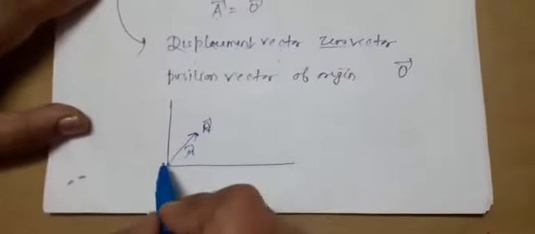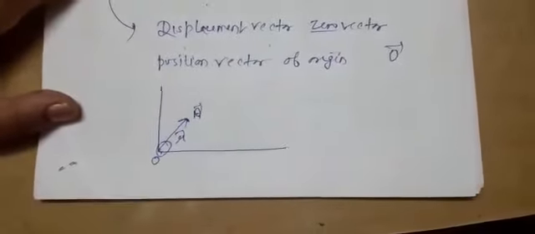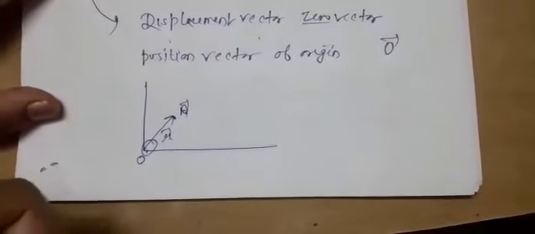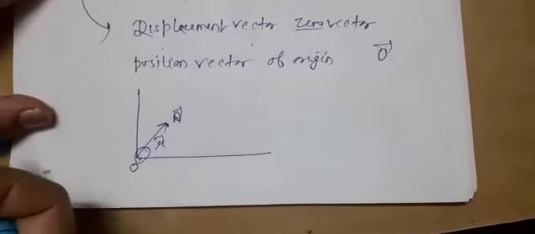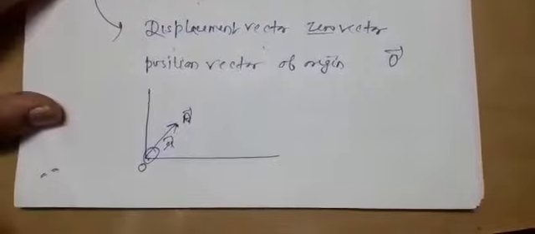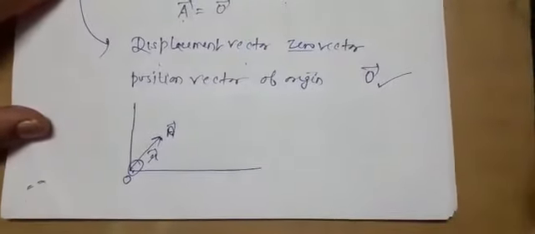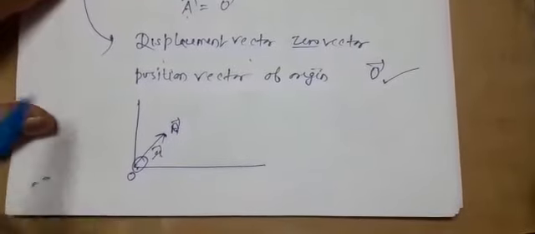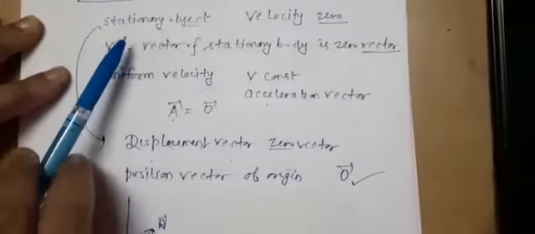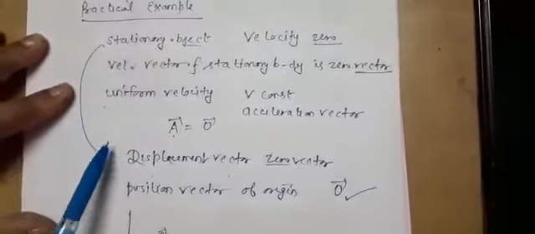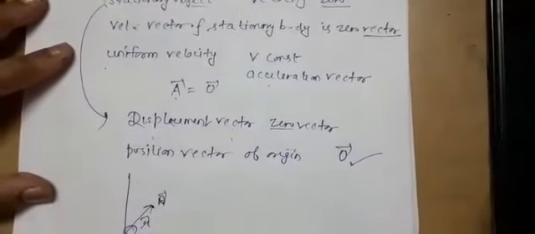But if the body is itself at the origin, it has no position with respect to the origin, that means 0 position. Represented as a position vector, it will be a 0 vector. These are the examples by which we can analyze the concept of a 0 vector.